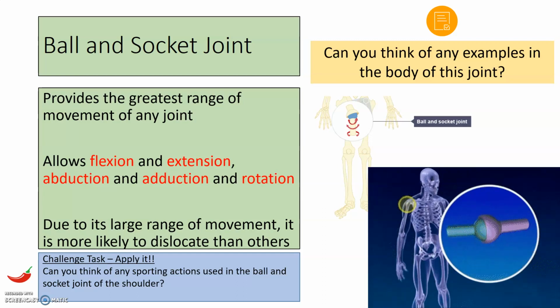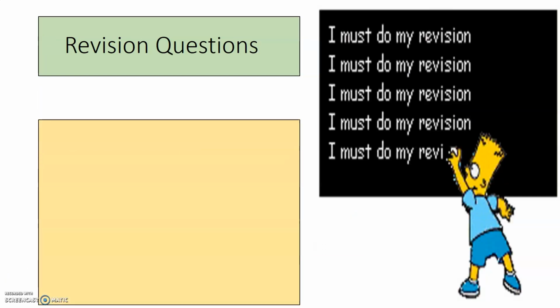Adduction, can you think of any? I can't think of any off the top of my head actually, so it'd be worth you writing something down. Rotation, you could have talked about a tennis serve, or even a tennis forehand, where we're putting topspin over the ball. That would be an example of rotation as well.